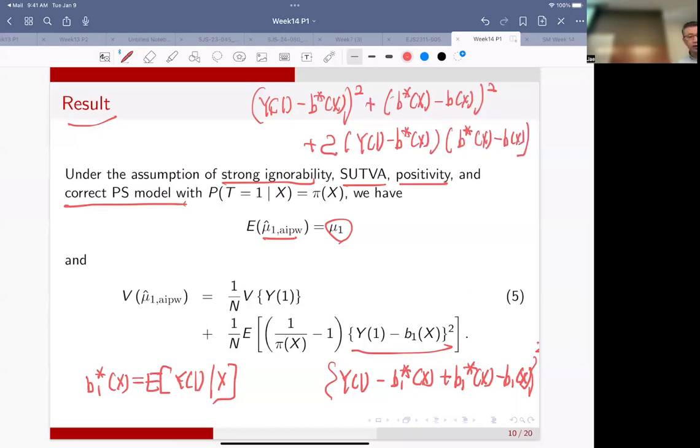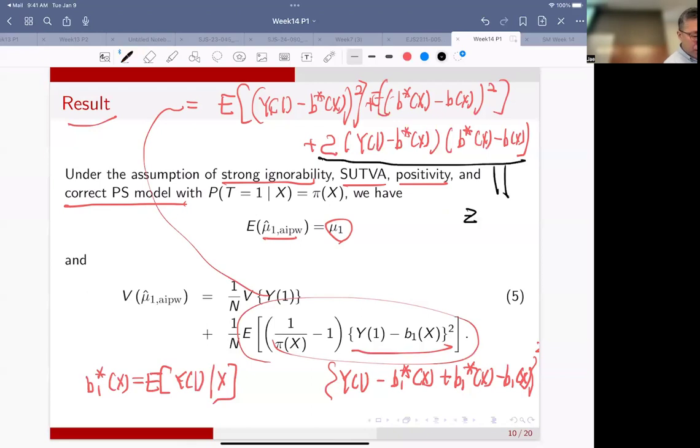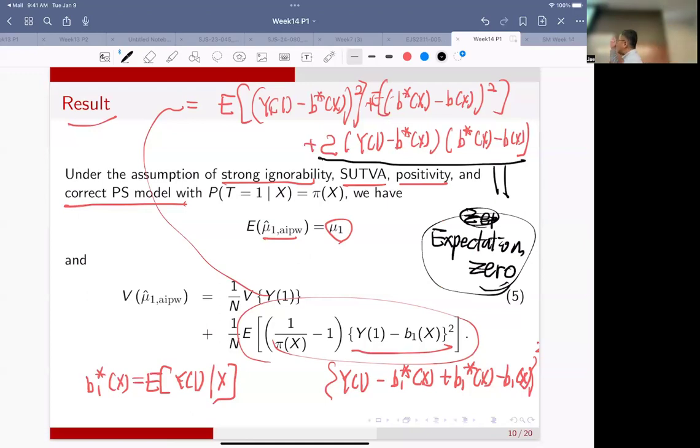Okay. Then notice that you're taking an expectation. So the expectation can be written as a sum of the expectations of three terms, right? And all you have to show is that the expectation of this cross product term is zero.